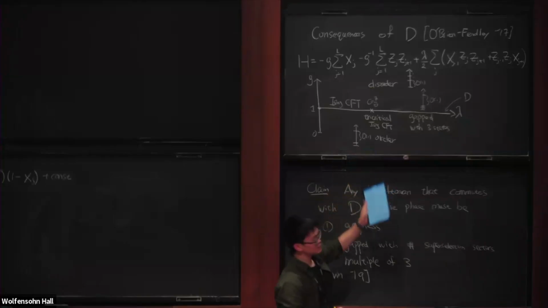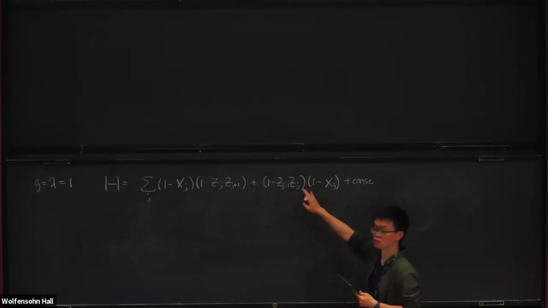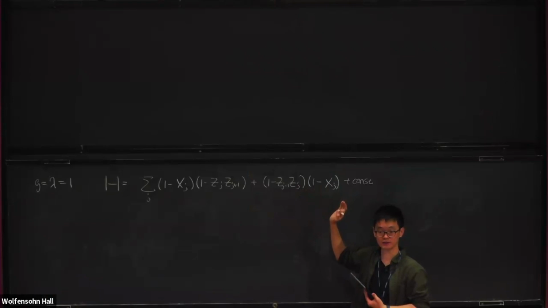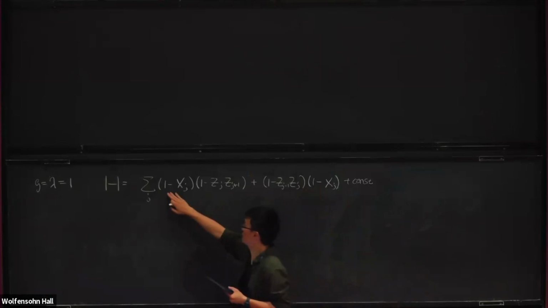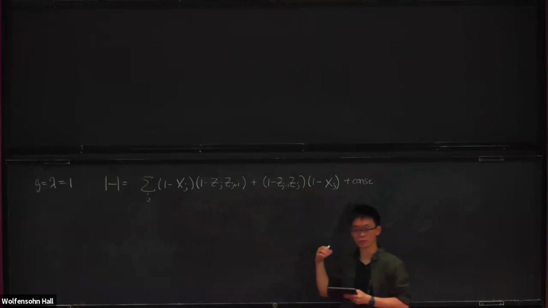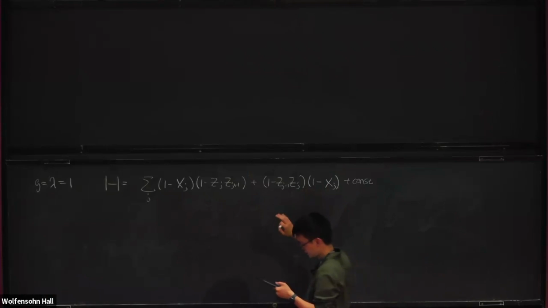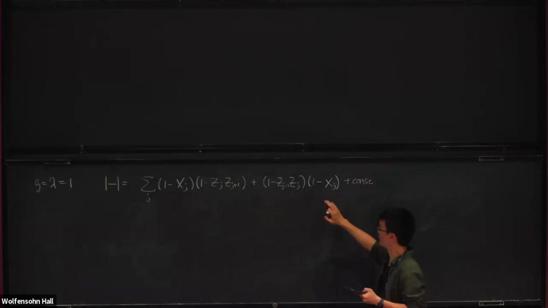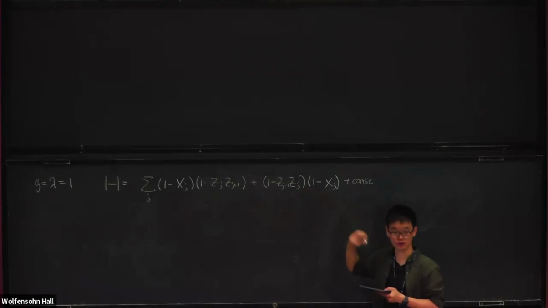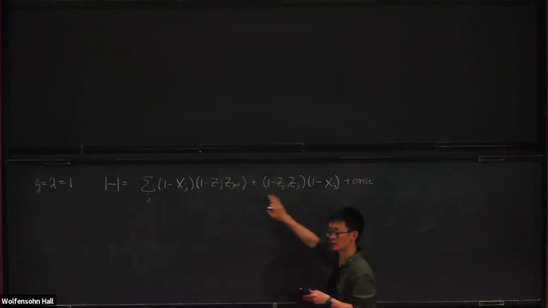You see the ZZX term just comes from the product here, and the cross terms are the original Ising terms. The nice thing about this expression is that each local term here is a projection operator. And each one of them is semi-positive definite. So, in fact, you can show that this is a frustration-free model, meaning that the ground state of this model will satisfy every individual term.